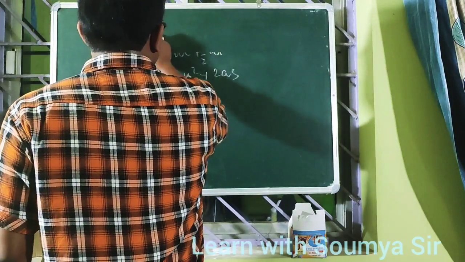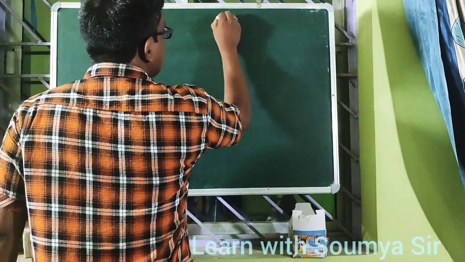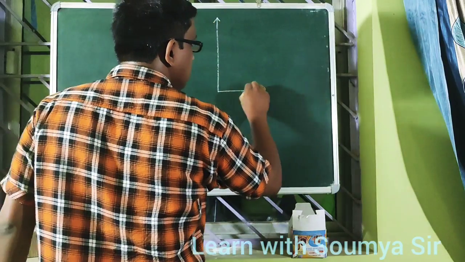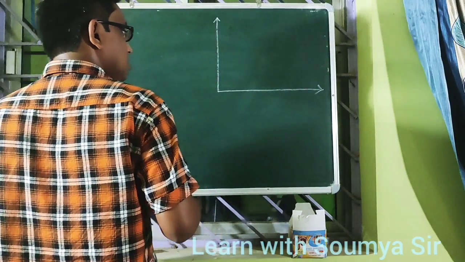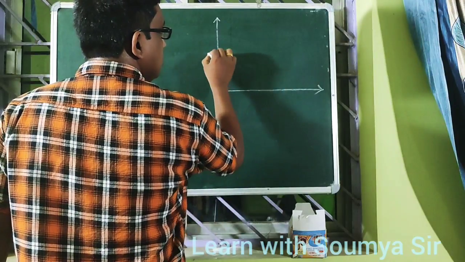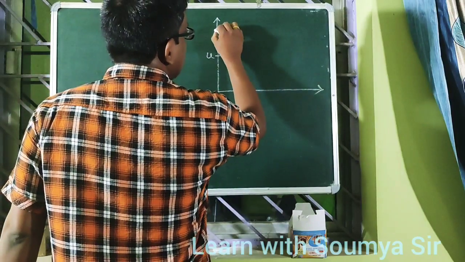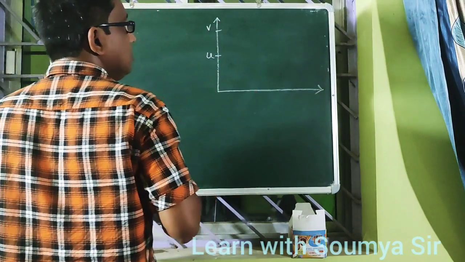What we will do, we will draw a velocity time graph. Suppose this is the initial velocity u, this is the final velocity v.